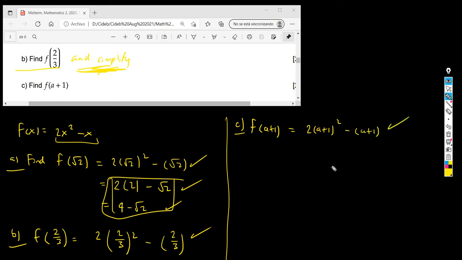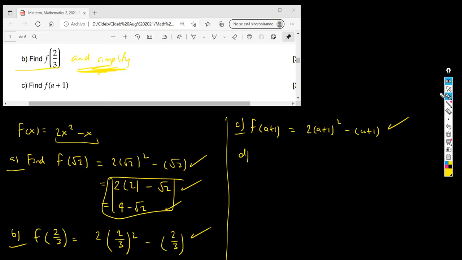I'm done. If you went ahead and, I'm sorry, if you raise this binomial to the square, a squared plus 2a plus 1 minus a plus 1, that's cool. But this is okay. I'm just going to stop right there.